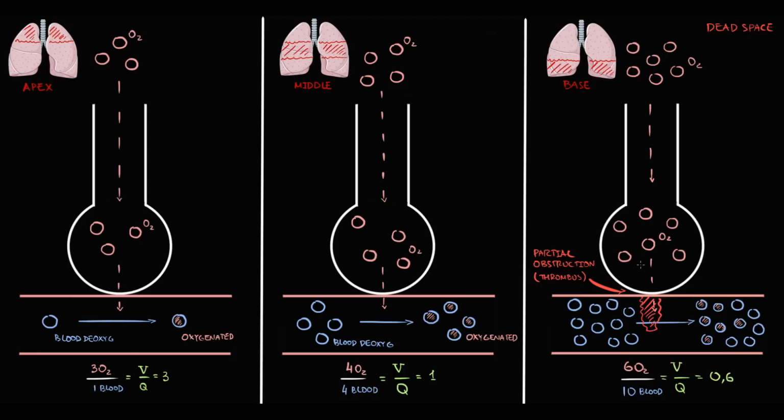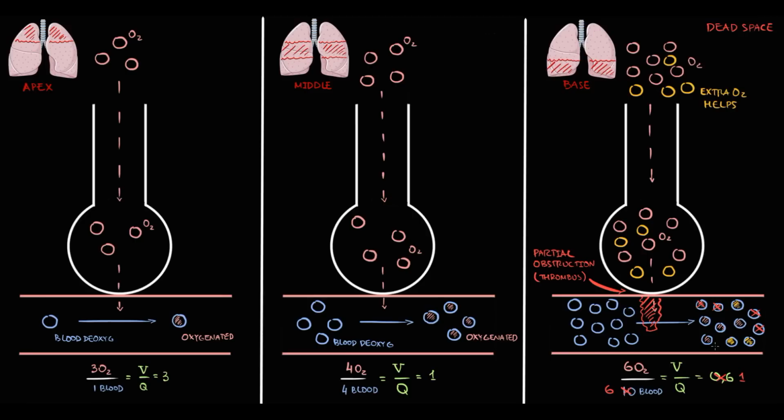With partial obstruction, fewer blood units will be able to pick up oxygen, but some portion of blood will still be oxygenated. So in this case, the VQ ratio can even be 1. And if we give extra oxygen, there is a possibility that some deoxygenated blood that was able to leak through the obstruction will pick it up and carry this oxygen to the tissues. So with partial obstruction, extra oxygen can help.